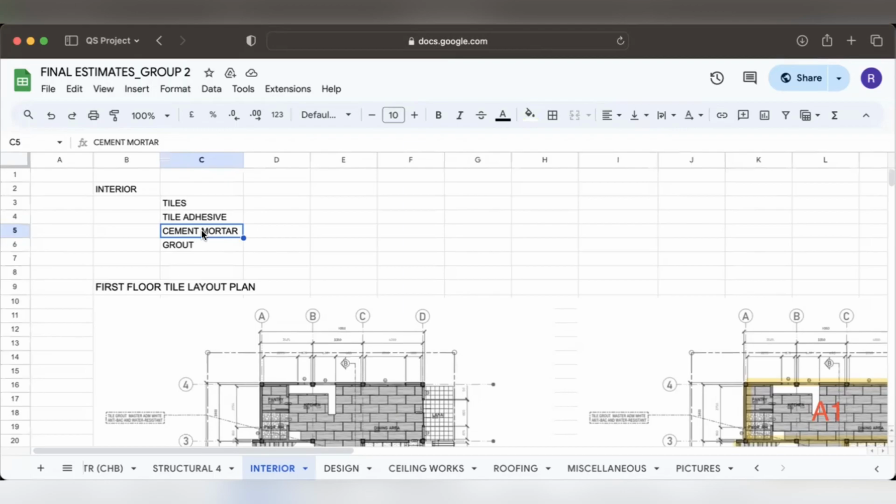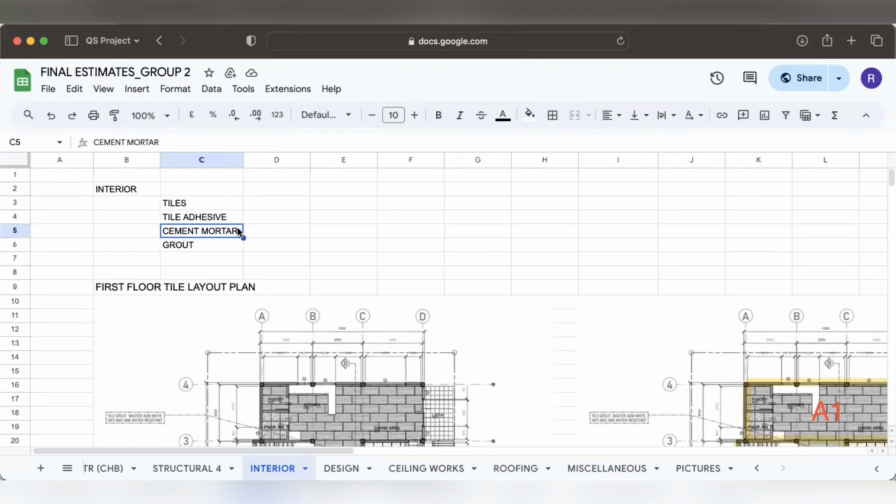And the quantity needed can be calculated based on the total area to be tiled and the thickness of the mortar layer. The white cement may be used for specific applications such as installing light colored tiles or just for aesthetic purposes. And the grout is very essential since it fills the gaps between tiles and provides a finished look and prevents moisture penetration.